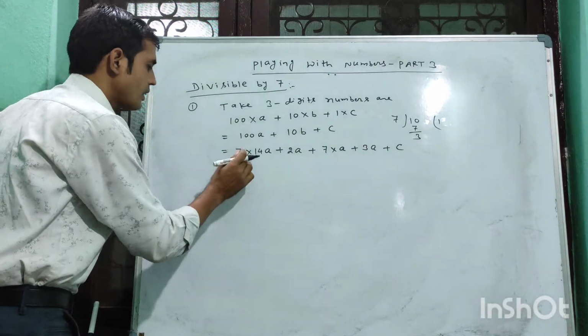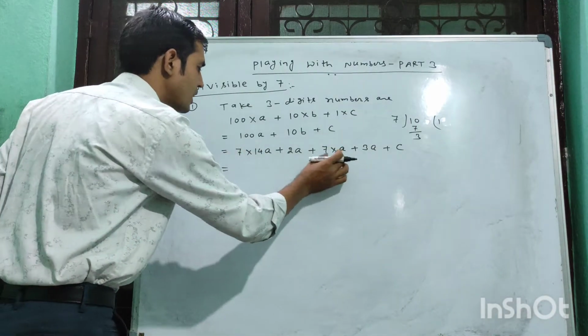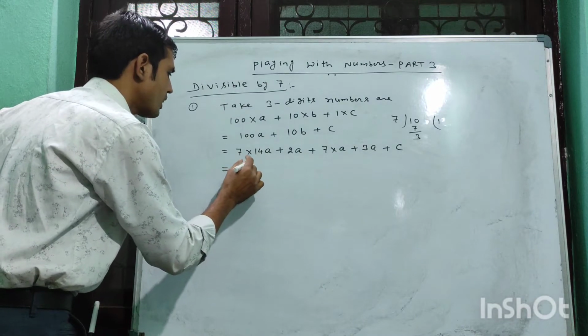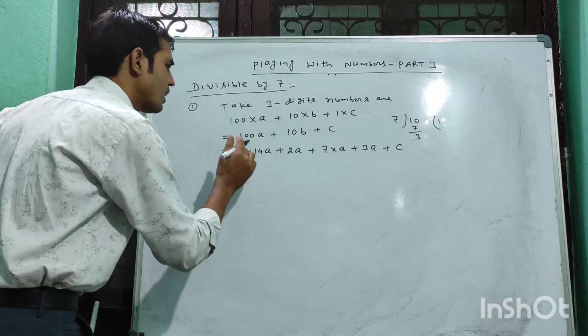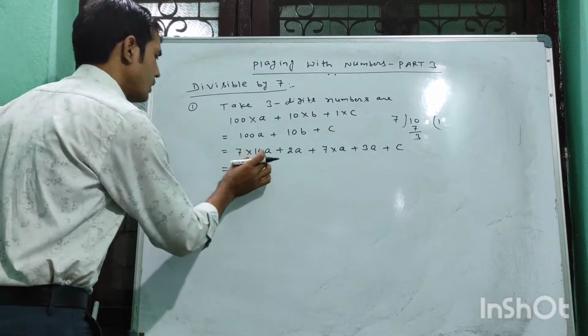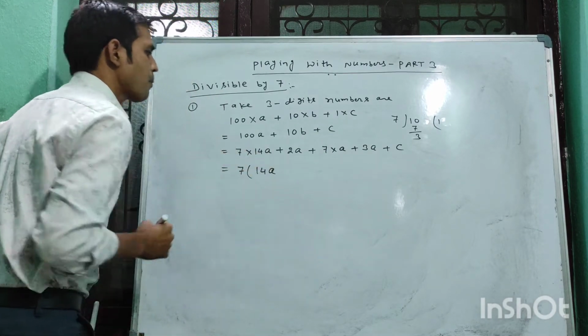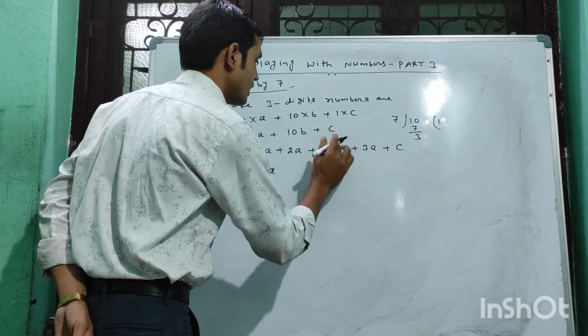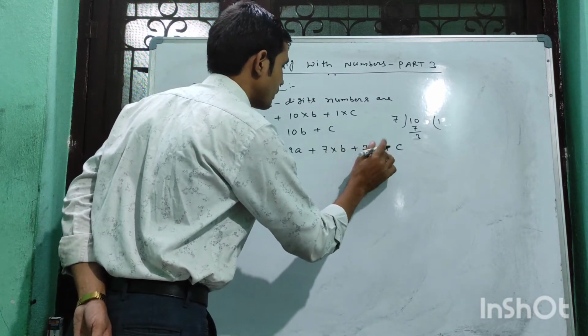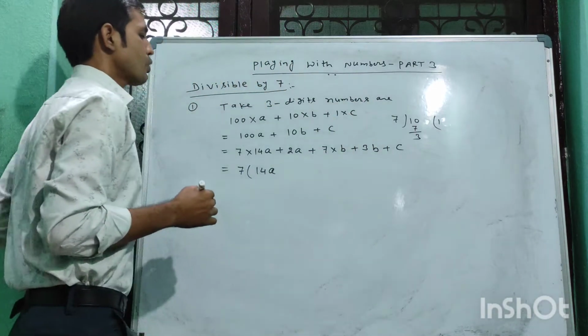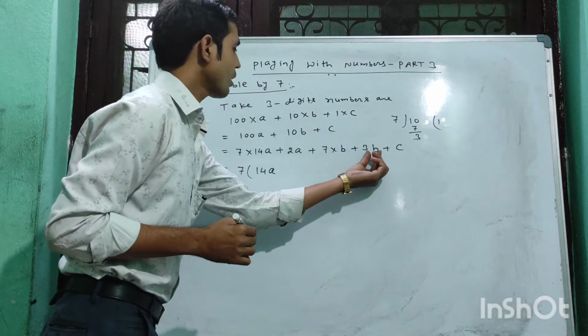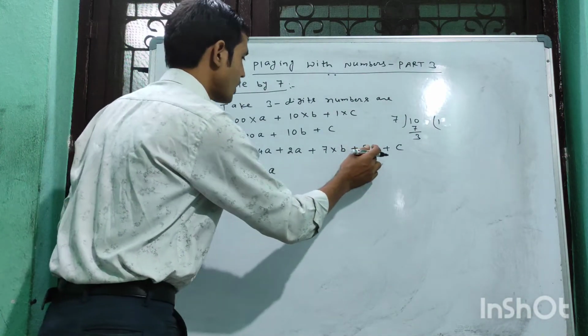Now you can take 7 common from these terms. Then what do you get? Here we write 7 into B, sorry, by mistake A was written. So 7 into B plus 3B.